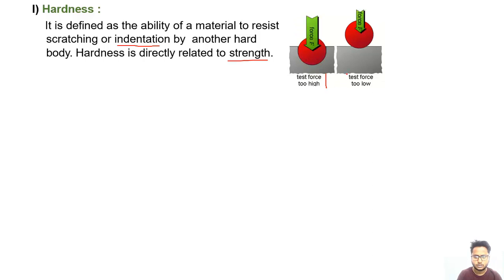This material is soft because the ball is inserted to more depth, but here it is less depth. So this material is more hard and this material is softer. This is hardness, in which a material resists scratching and indentation.